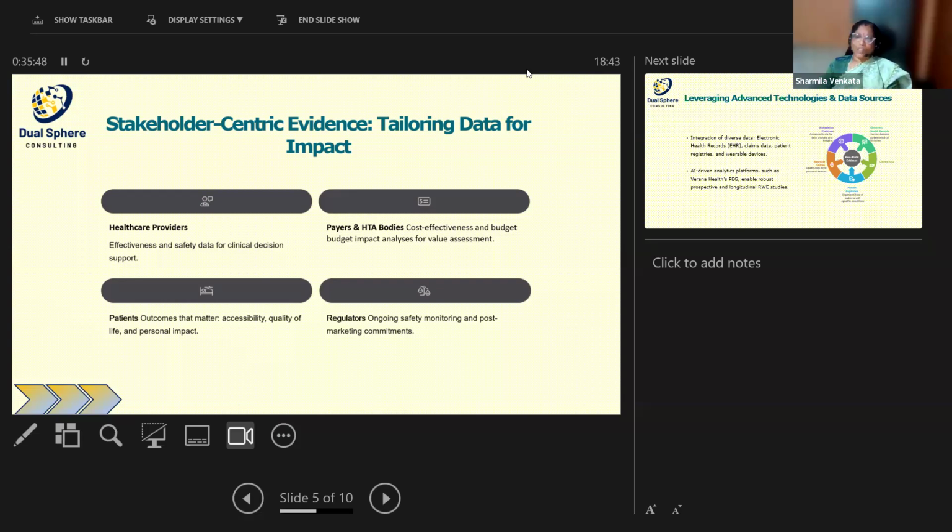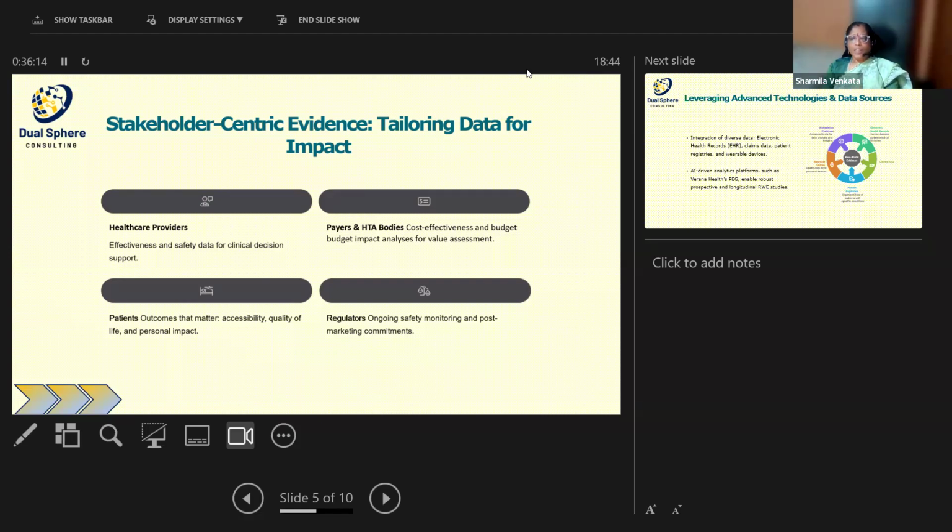Okay, so if we present only one type of evidence, say clinical efficacy, we leave critical questions unanswered for other stakeholders. So tailoring evidence means identifying the most relevant data for each group, framing it in their language, and delivering it in a format they trust.